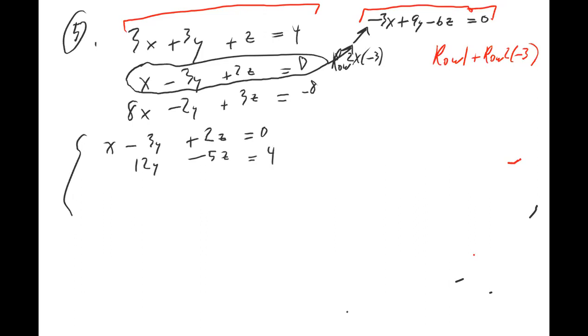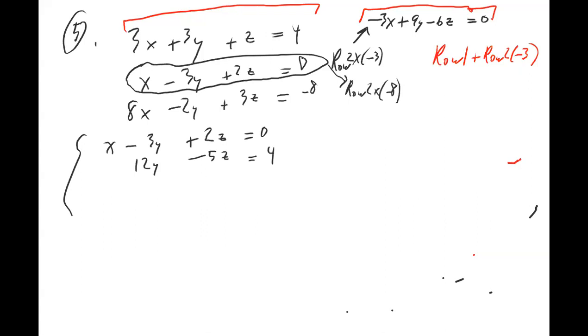Now I'm going to do something similar to that. I'm going to look at the middle row again, actually, and multiply the middle row now by negative 8. So row 2, this time, times negative 8.